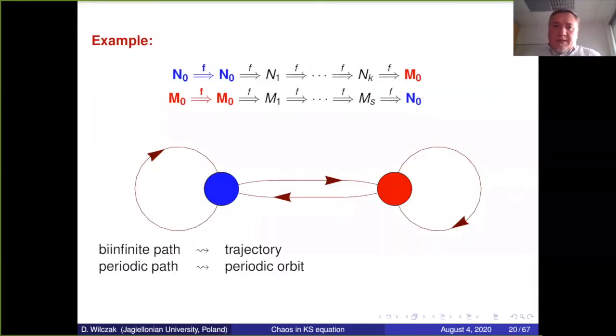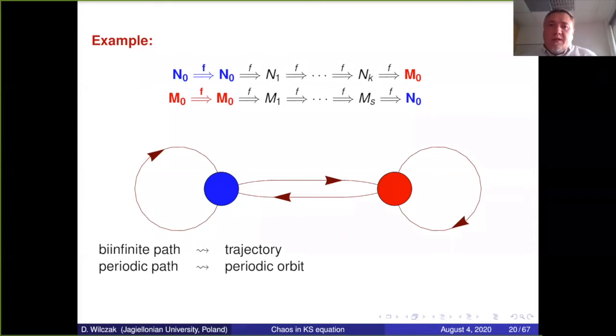Okay, so here is a method for proving the existence of symbolic dynamics. If we can construct two sequences of covariant relations, we start from some, say, periodic orbit, blue here, and a periodic orbit, red, and we can find a sequence of covariant relations joining M0 with M0, and the same in the opposite direction, then we have symbolic dynamics for our system.